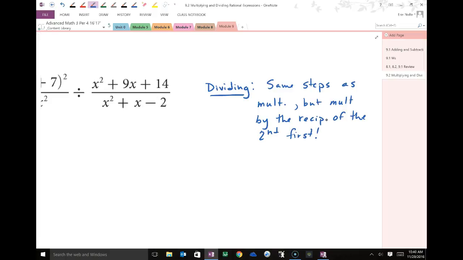Okay, or write whatever in your notes that's going to make sense when you're taking the test. So maybe multiply by the reciprocal.